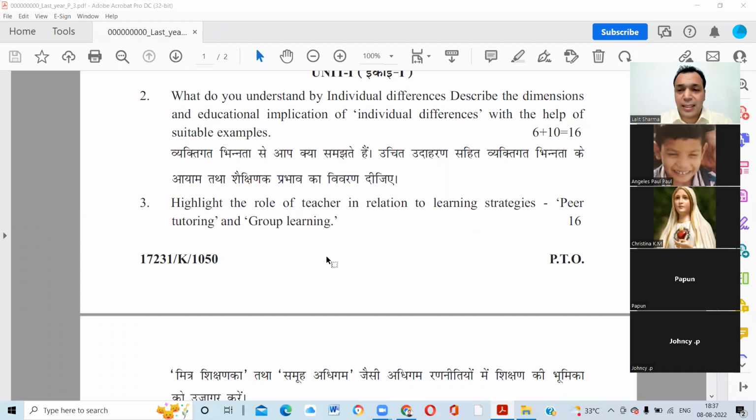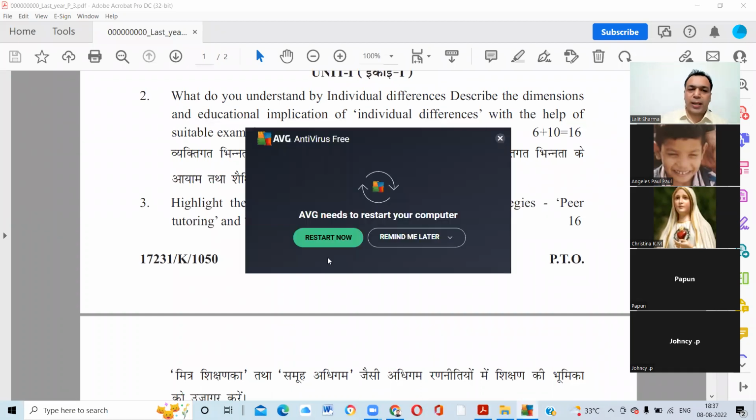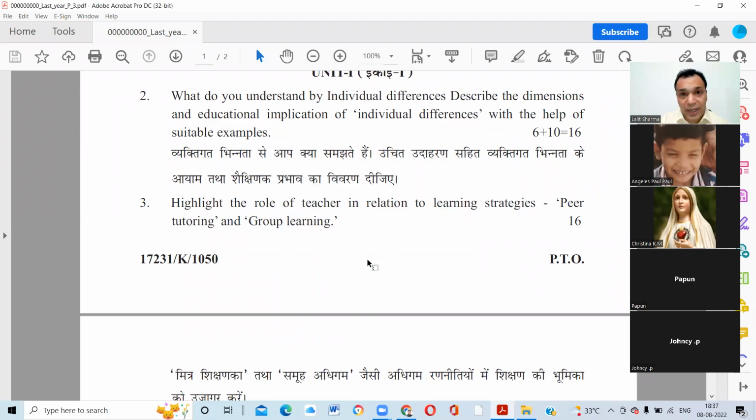You know the learning strategies, peer tutoring, group learning, collaborative learning, all these things. So first of all, you have to define peer tutoring. And then what is the role of the teacher in peer tutoring as well as group learning, right, guys?